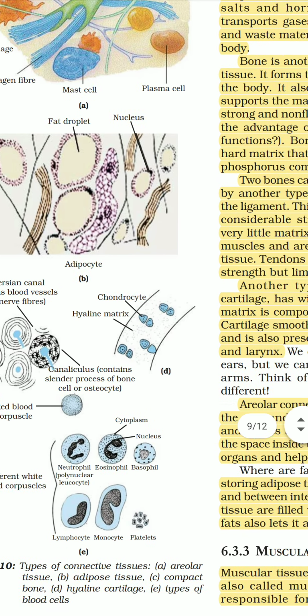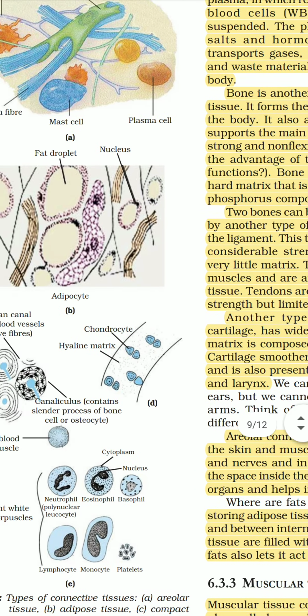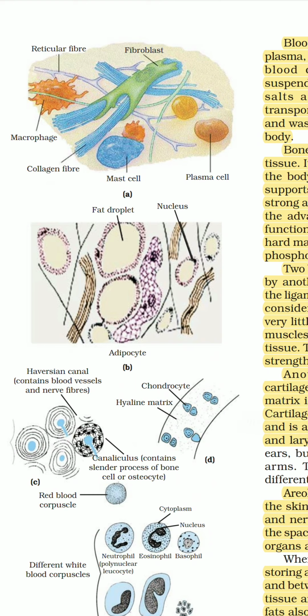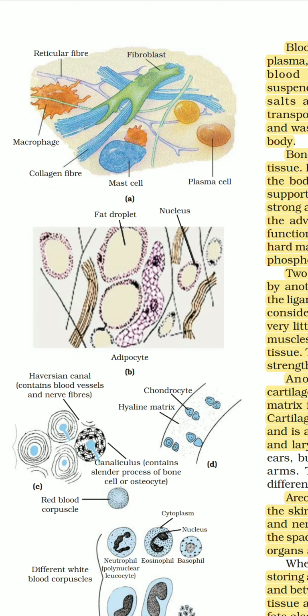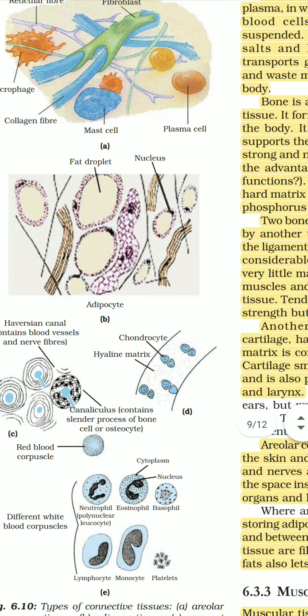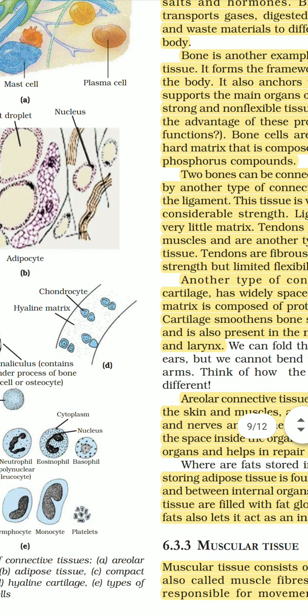It helps in maintaining the temperature, and it also helps in the cushioning of the organs. In between the delicate organs, these adipose tissues are filled, so they always provide cushioning and behave as a shock absorbent. So these are the important functions of adipose tissues.